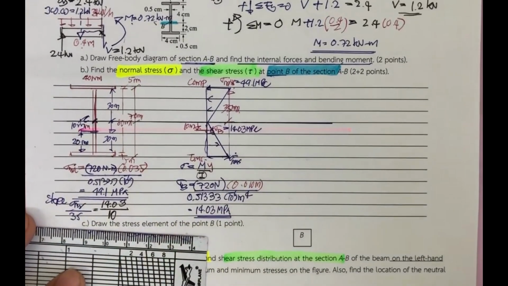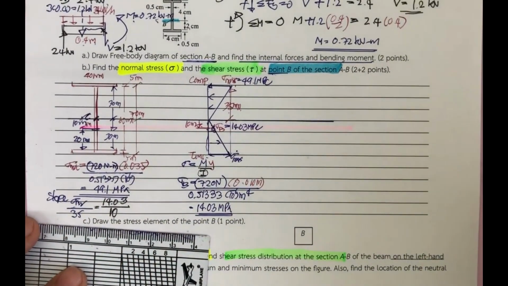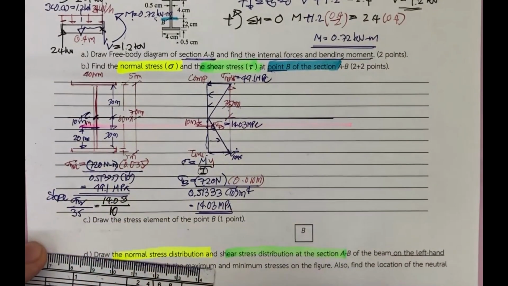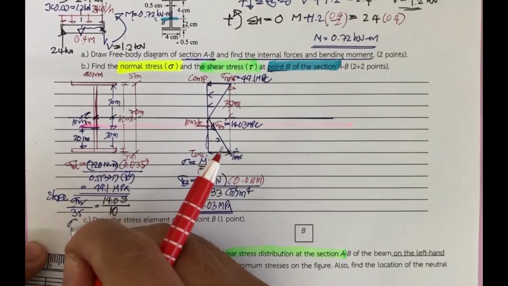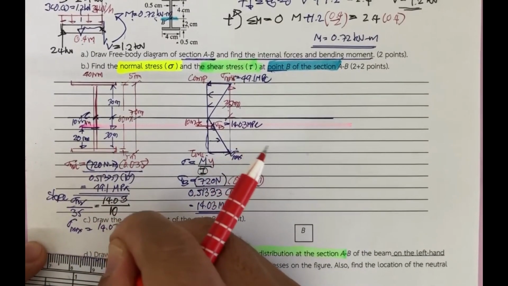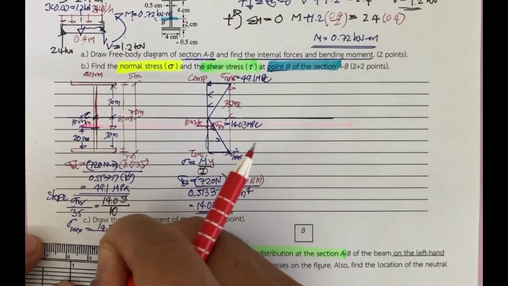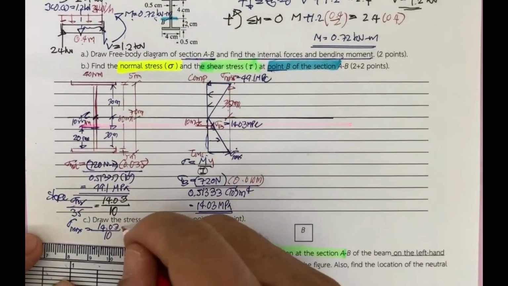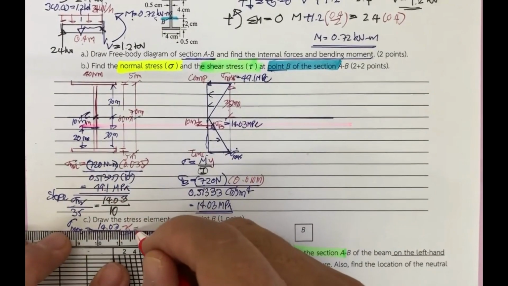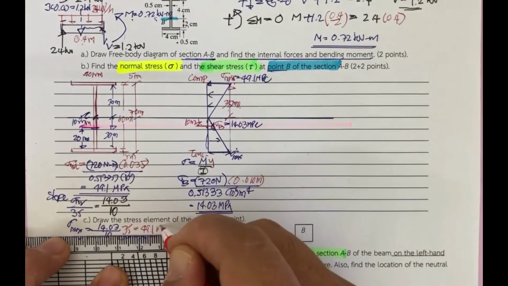If you put this into your calculator, 14.03 divided by 10, and then times 35, you should get 49.1 megapascal.